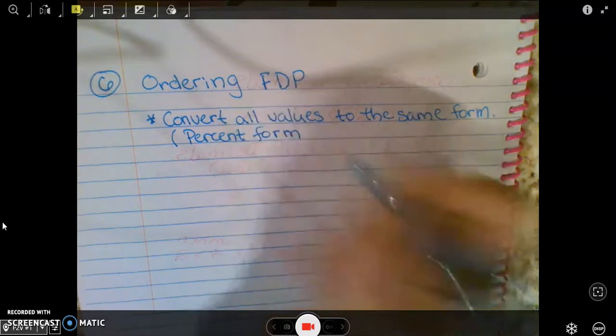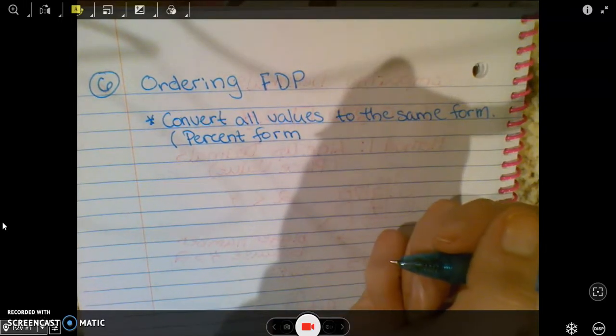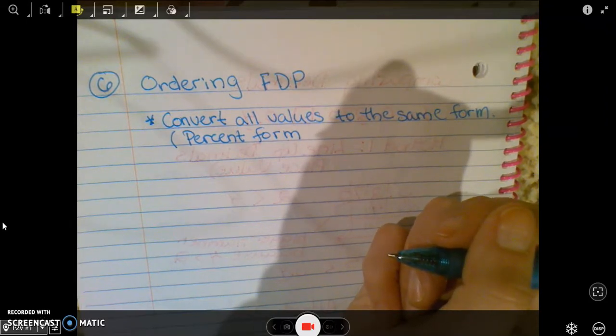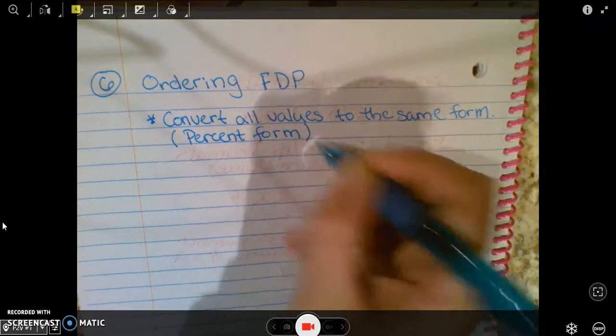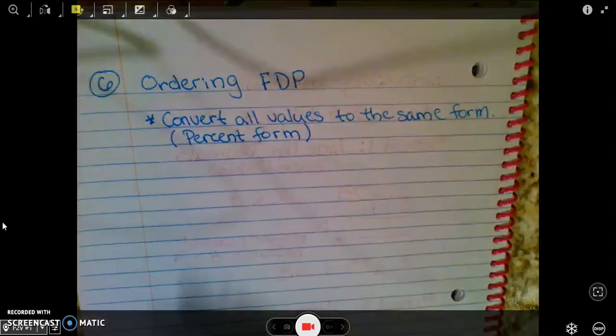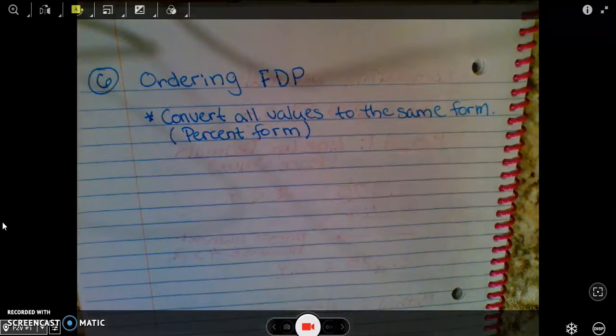But it doesn't have to be percent form. If none of your values are percents, if you have all fractions, then it wouldn't necessarily make sense to change everything to percents. Or if you had decimals and fractions, you could pick one of those two so you're not having to convert all your numbers. But if they give you one of each, I generally use percent form because there's less confusion in the ordering.